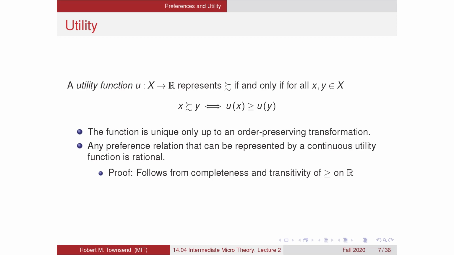And then someone initiated the obvious question: does it also go the other way, that any rational preference function can be represented as a continuous utility? And the answer was yes, although there was a good discussion about distinguishing continuity on the one hand from the other two ingredients, completeness and transitivity. So that was a great discussion on Piazza.